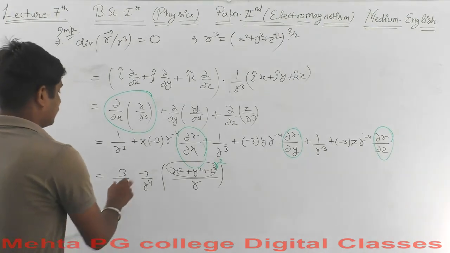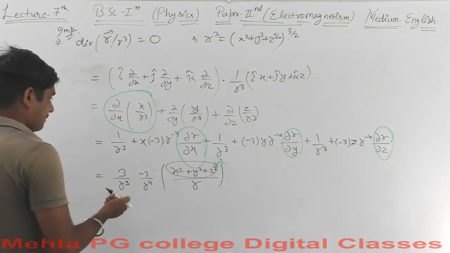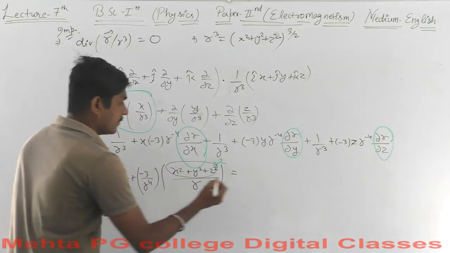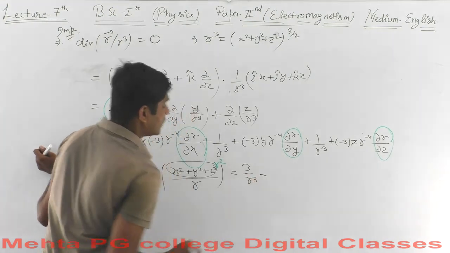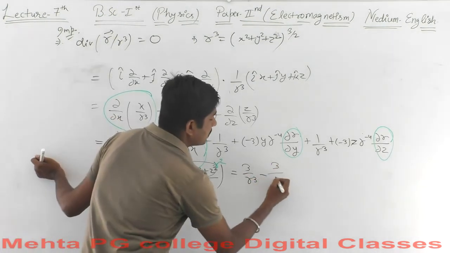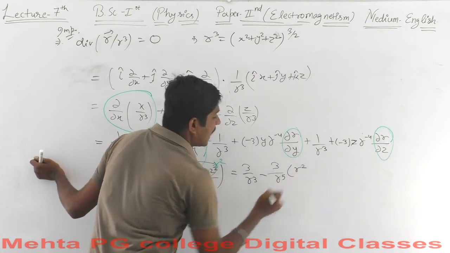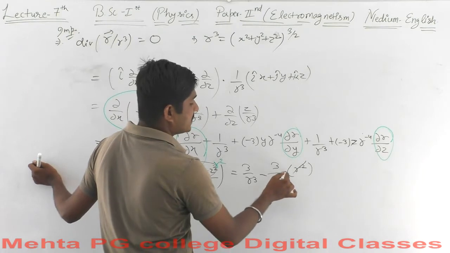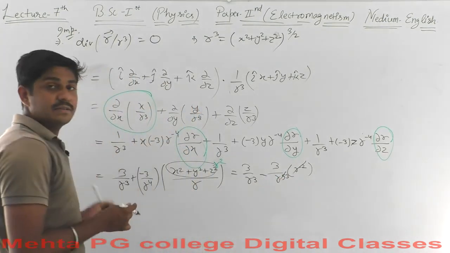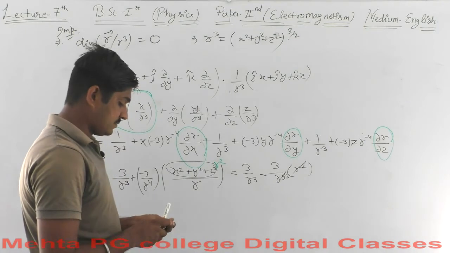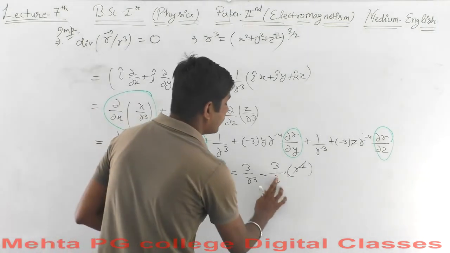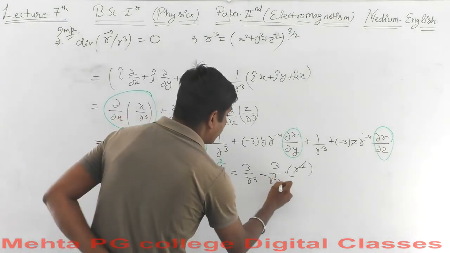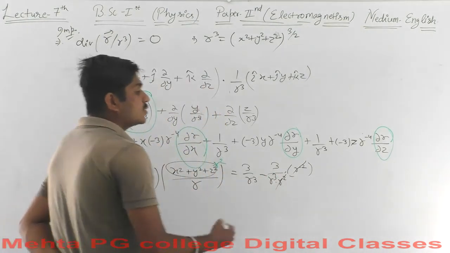Okay, let's proceed further. 3 over r cube minus 3 over r raised to power 4 into r square, r raised to power 5, sorry. So you cancel this out and this becomes r raised to power 3 here instead of 5. Okay, so what remains?